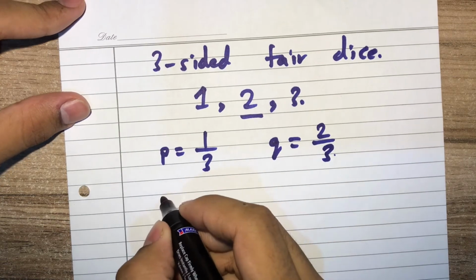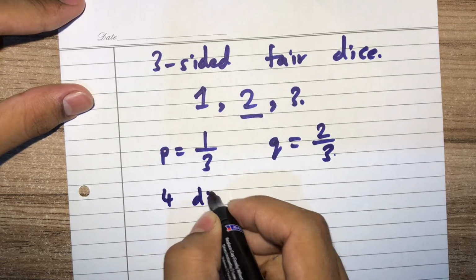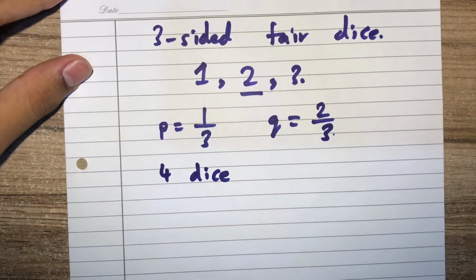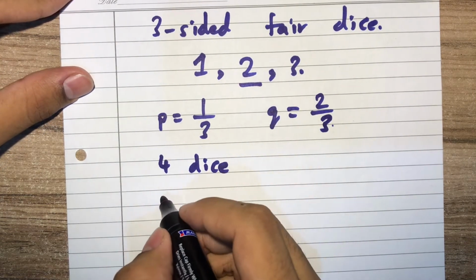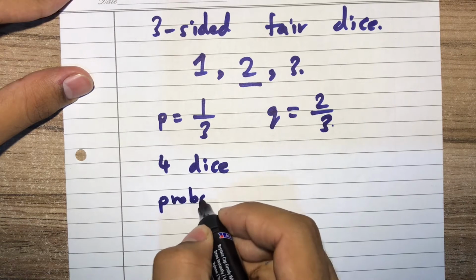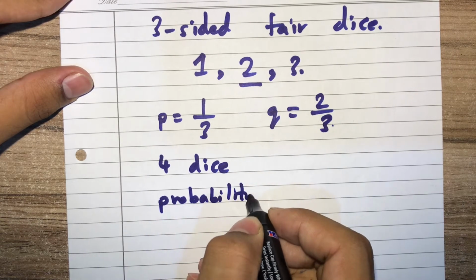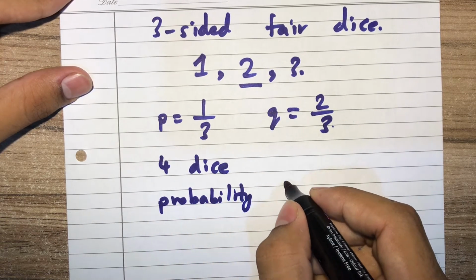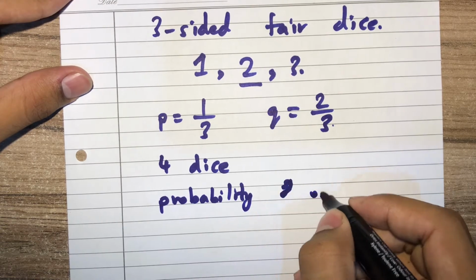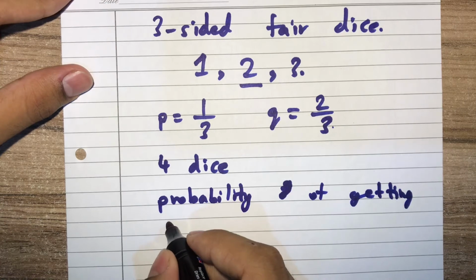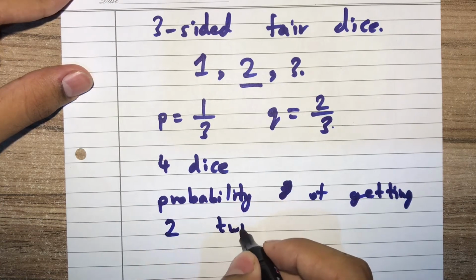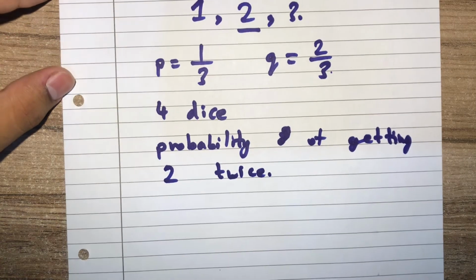Now for example, we have 4 dice and we have to find the probability of getting 2 twice, right?